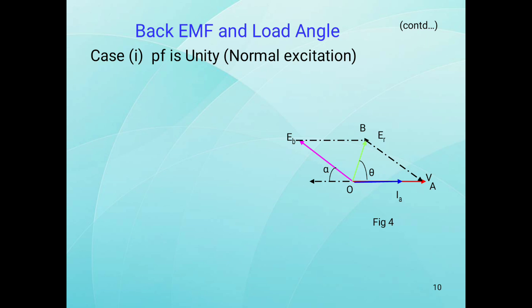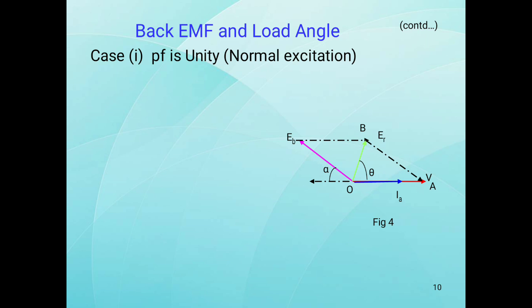Next, in the third case, observe this one. Here phi is 0. Why? The voltage and the armature current are both in phase, so phi is 0. V and IA are in phase.